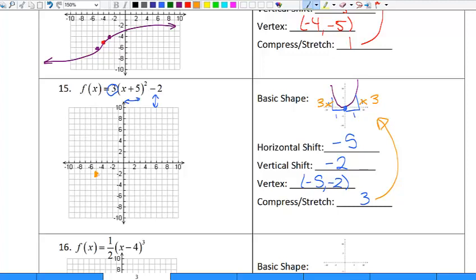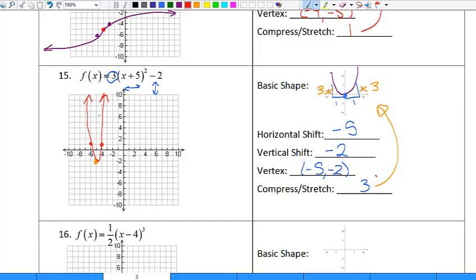Okay, and then to get my other points, I'm going to go right 1 and up 1, 2, 3 because of the A, and left 1 and up 1, 2, 3, which makes my parabola a little bit more slender or narrow. Technically I don't like the word narrow. It's really that we're stretched longer, but it looks like it's more narrow.